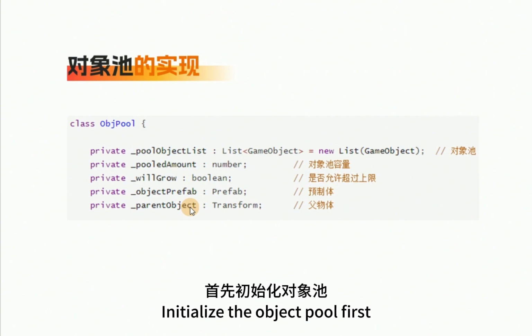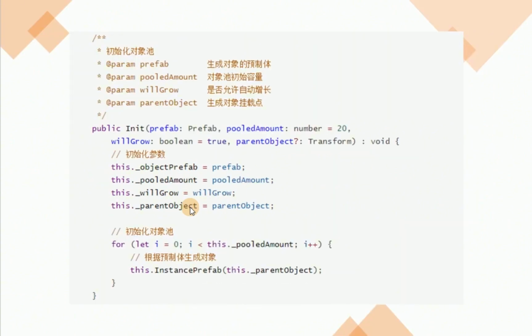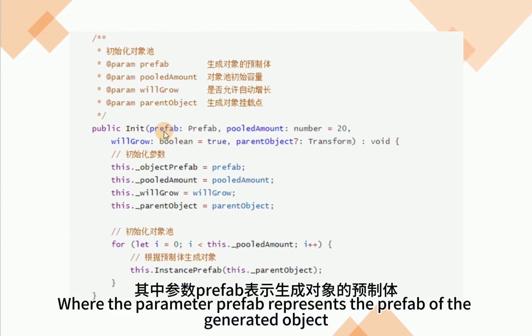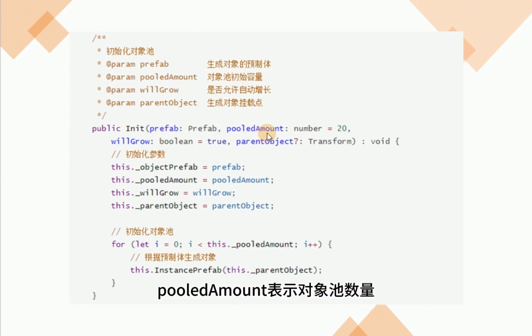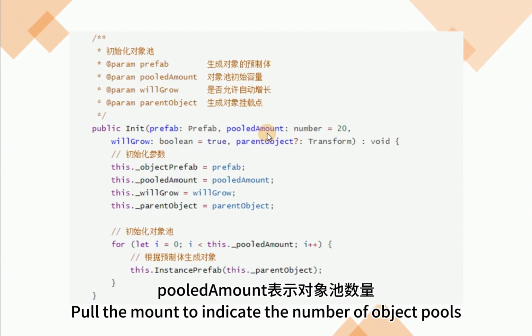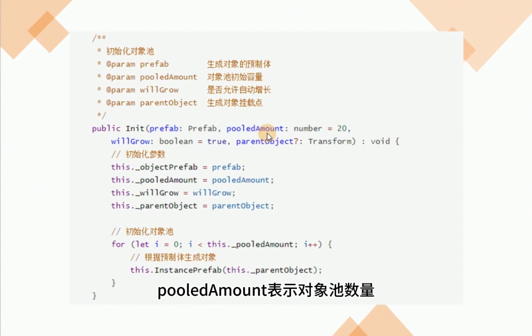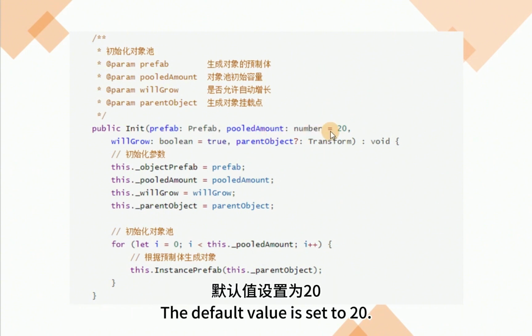Initialize the object pool first. The parameter prefab represents the prefab of the generated object. The pool size indicates the number of objects in the pool, and the default value is set to 20.